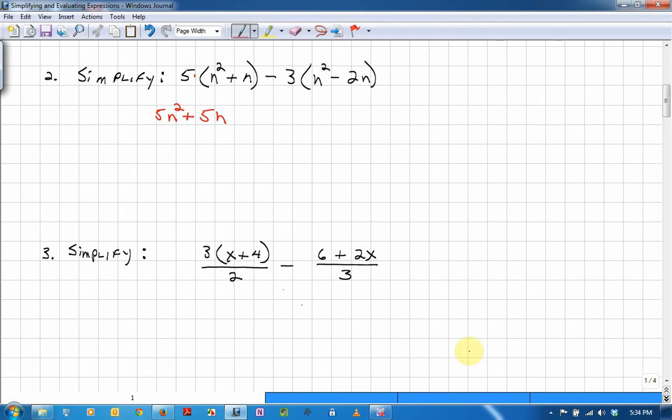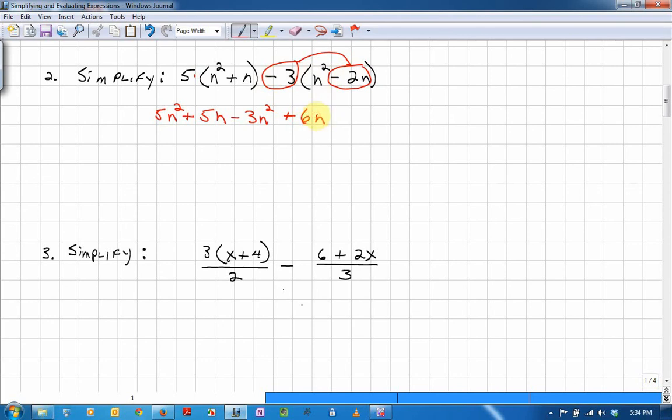For the other side, this is a subtraction, so it's really a minus 3 times n squared. So we could say that's a minus 3n squared. And this minus 2n part right here is going to have to multiply by the minus 3. So that would be plus, a minus times a minus is plus 6n.